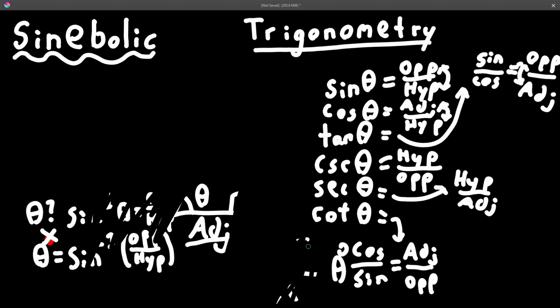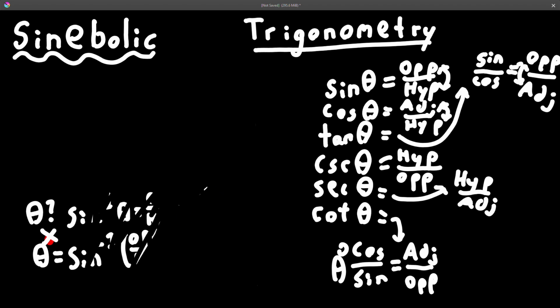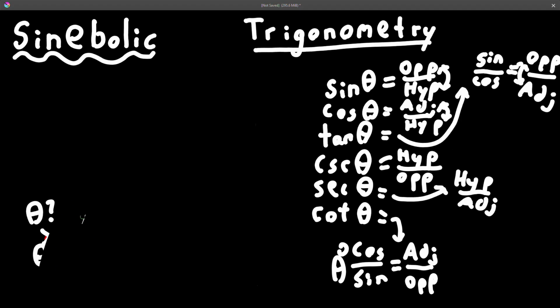You can use this side as a reference when solving the right side. When solving the question I give you on the left side, you can use the right side for reference. Just let me finish erasing all this. And there we go.